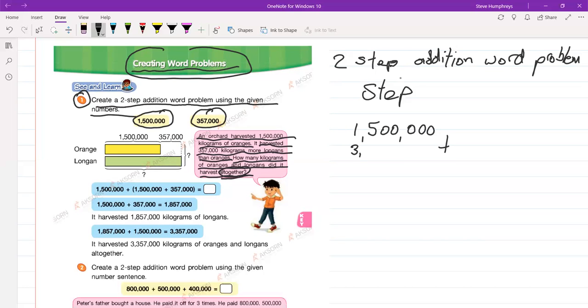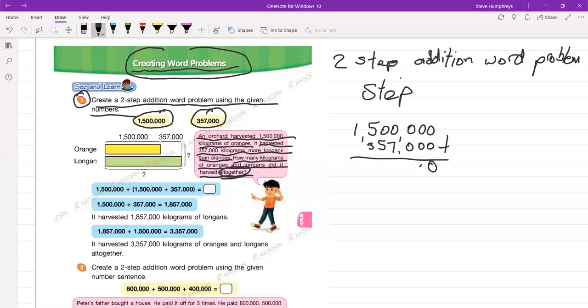Sorry, this isn't the amount of longans, this is how many more. Okay, let's erase that, it's in the wrong place. This is how many more longans than oranges were harvested. The total will be the amount of longans, the unknown. Okay, so let's add those together.